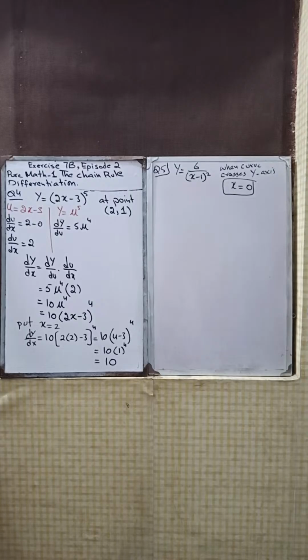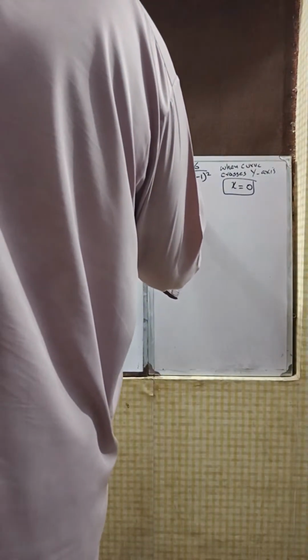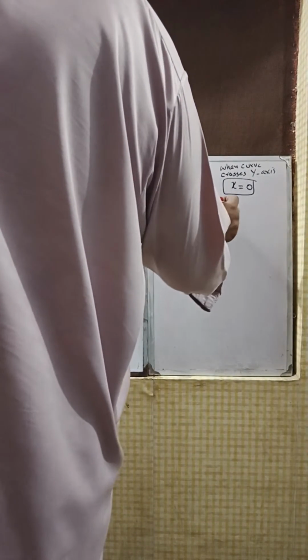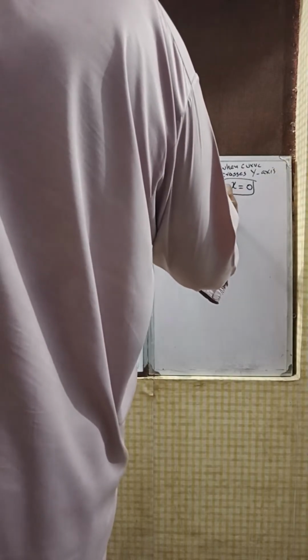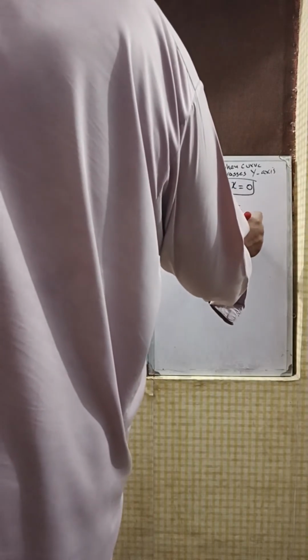Okay, so what we will do, we will differentiate it. We are going to differentiate it with the help of the chain rule. So we will suppose that u is equal to x minus 1. So y will become 6 divided by u square. So y will be 6 into u raised to power minus 2.